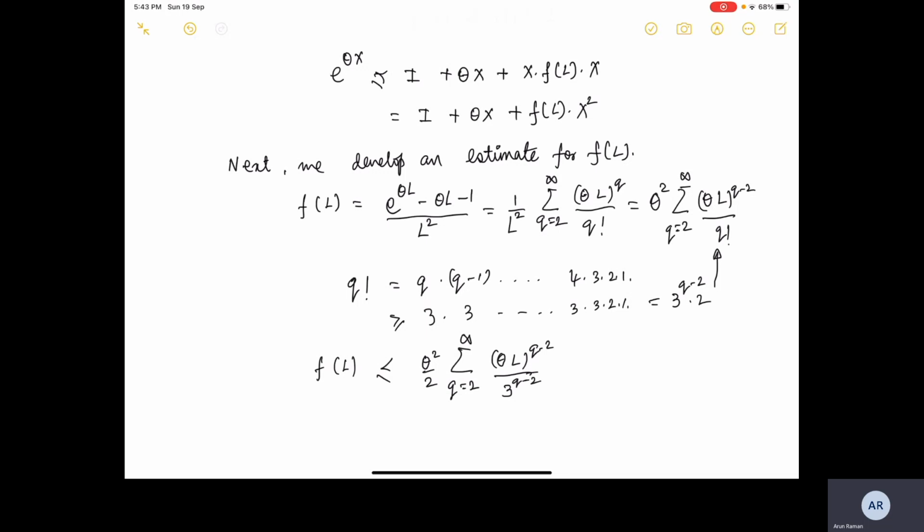So now this just becomes an infinite sum of a geometric progression, and when we work it out, we get this sum as 1 over (1 minus theta L by 3).